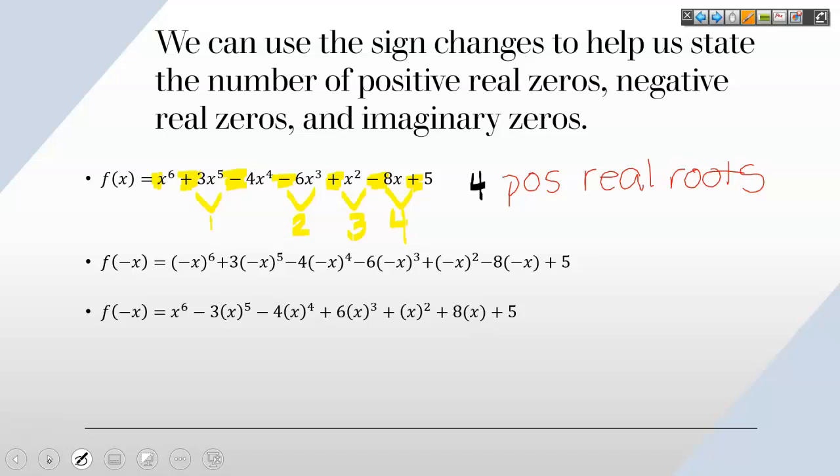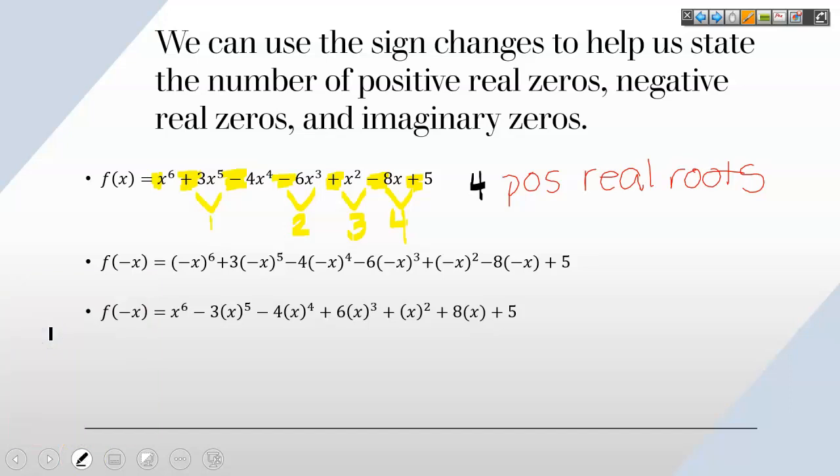So f of negative x becomes x to the 6 minus, because that negative and this positive became a negative, 3x to the 5th minus 4x to the 4th plus 6x cubed plus x squared plus 5.